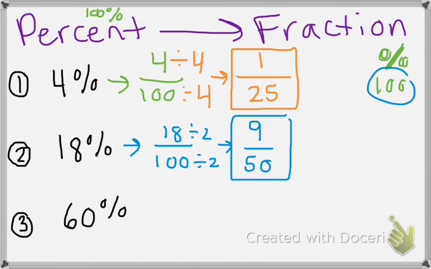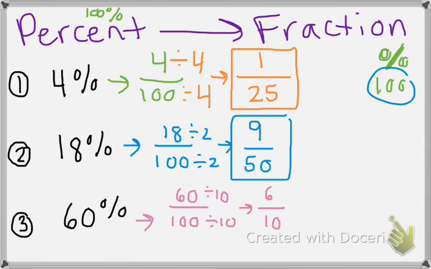Example number 3, 60%. Again, percent is always out of 100, so we put 60 over 100. Since both of these numbers end in 0, they are both divisible by 10. 60 divided by 10 is 6, and 100 divided by 10 is 10.